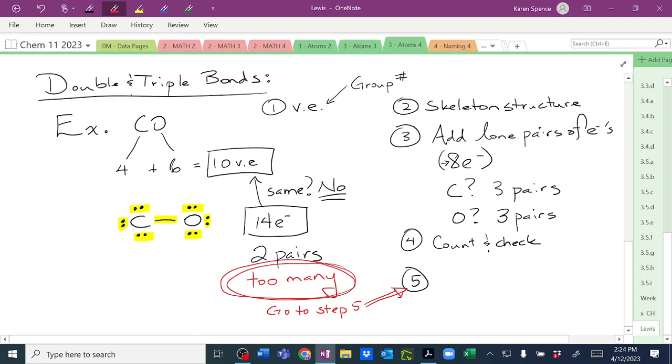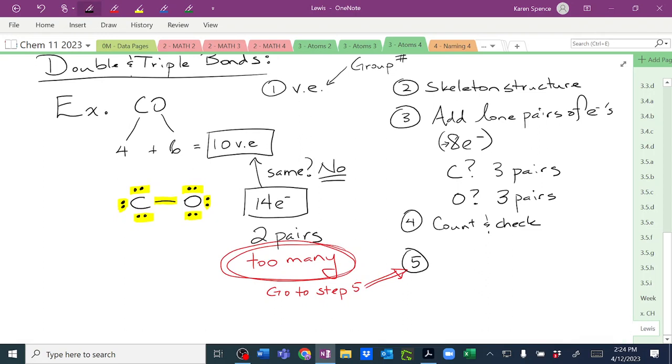Okay, so anytime you have too many electrons, you go to step 5, because step 5 involves getting rid of those electrons. And step 5 says that we erase lone pairs.